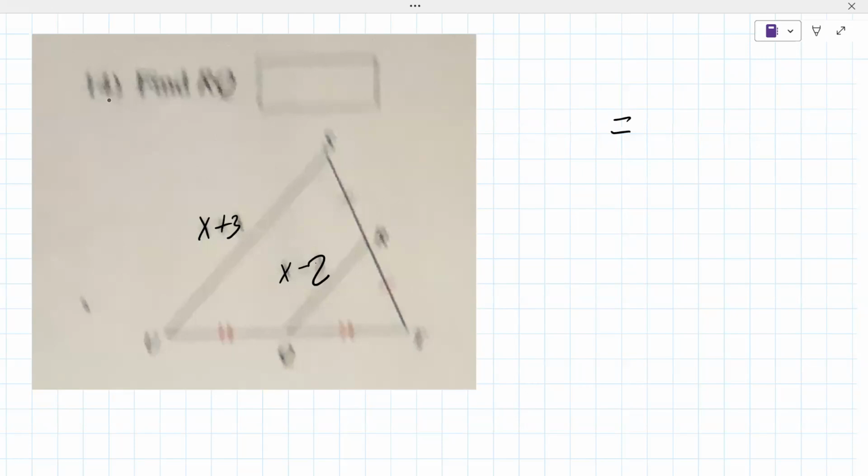SU is the x plus 3, and the RQ is the x minus 2 times 2. Okay, there you go. I was looking for something like x plus 3 equals 2 times x minus 2. What I heard right there at the end, yeah, that's good. All right, so go ahead and solve this and tell me what you come up with for x, please.